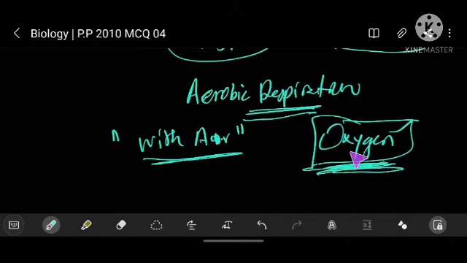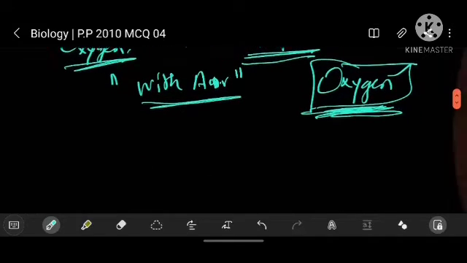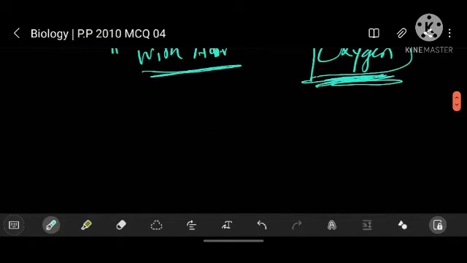You have to note that aerobic respiration needs oxygen. This type of respiration is common in most plants and animals, including us.